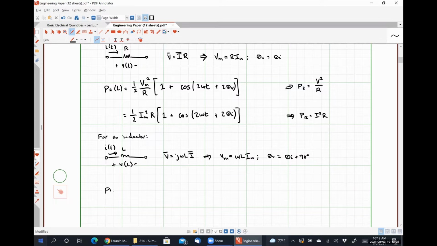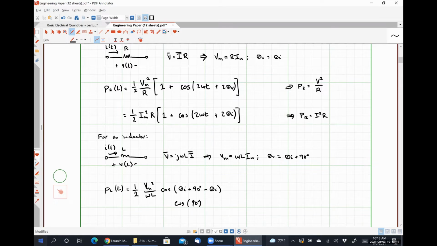We would have PL of t is equal to 1/2 Vm squared over omega L. And now we're going to have cosine theta V minus theta I. So when we do cosine theta V minus theta I, we know theta V to be theta I plus 90 degrees minus theta I. This is just going to be cosine of positive 90 degrees.